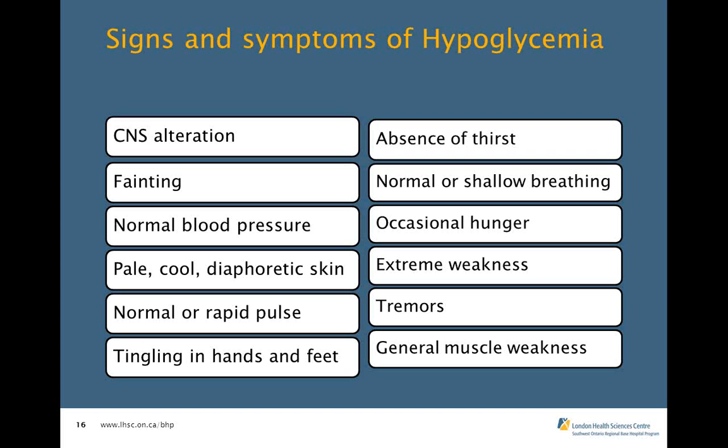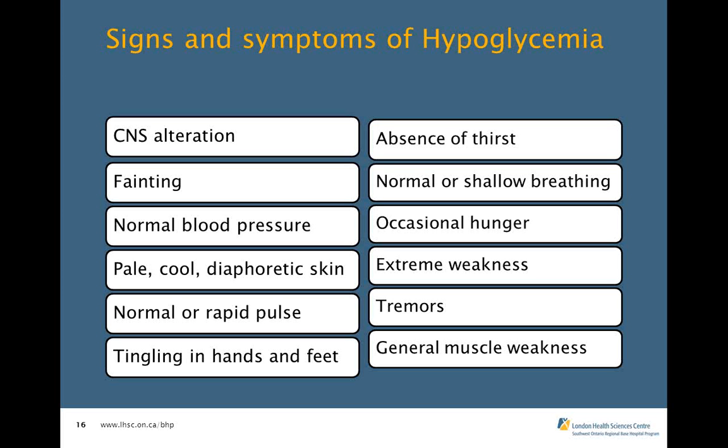And what happens with hypoglycemia is that almost always there's a medication, for a diabetic at any rate, which is driving the blood sugar down. What will happen when the person becomes hypoglycemic is very similar to what happens in the body when a person hasn't eaten for a while, or other stresses.